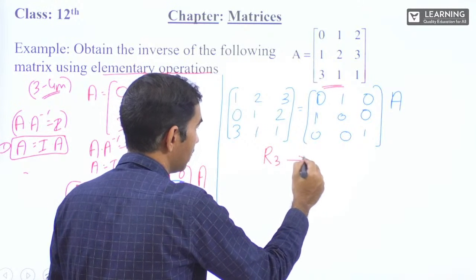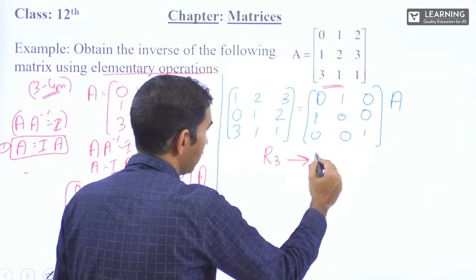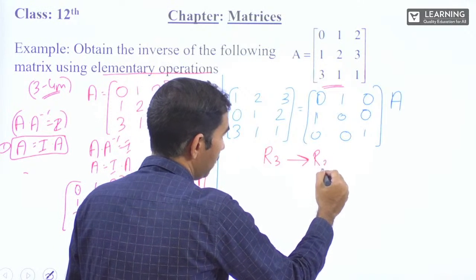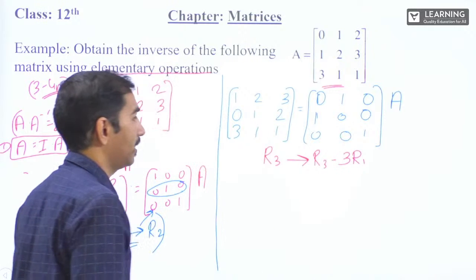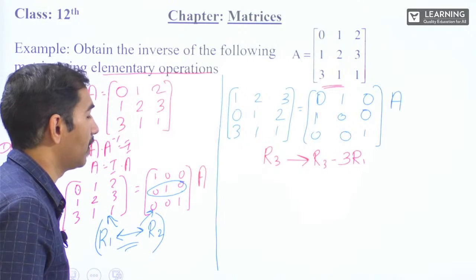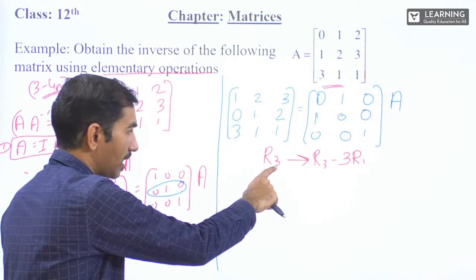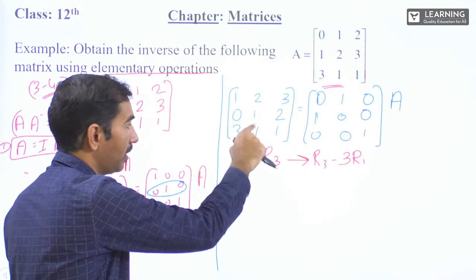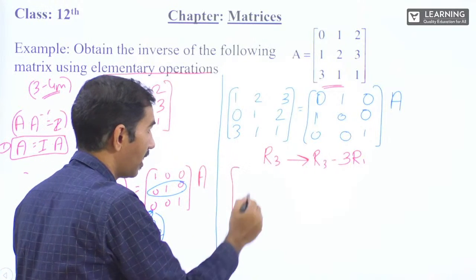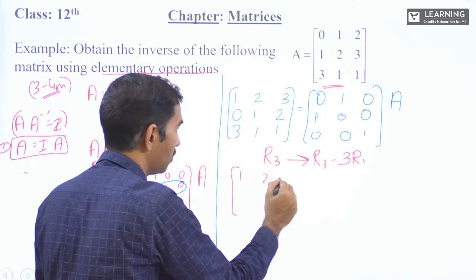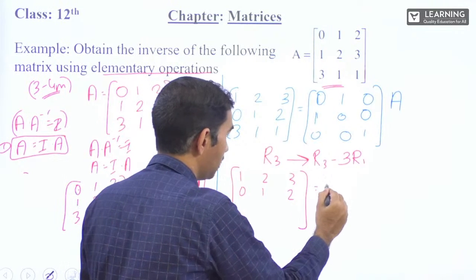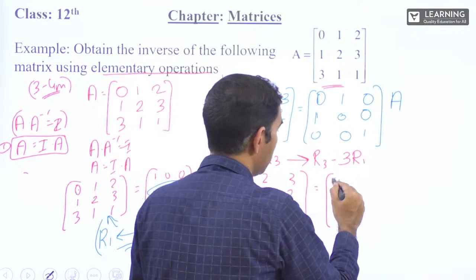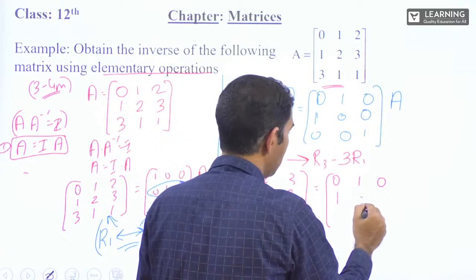R3 is equal to R3 minus 3 times R1. Students, only R3 is getting changed. R1 and R2 you write as they are: 1, 2, 3, 0, 1, 2, which is equal to 0, 1, 0, 1, 0, 0.